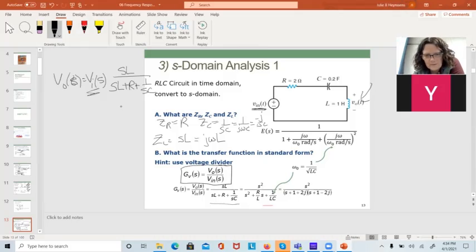This is like a cousin of standard form. Right here, we can read out our omega naught is the square root of that term right there. It will transfer into standard form, and pretty much any LC circuit that you can find, this works.